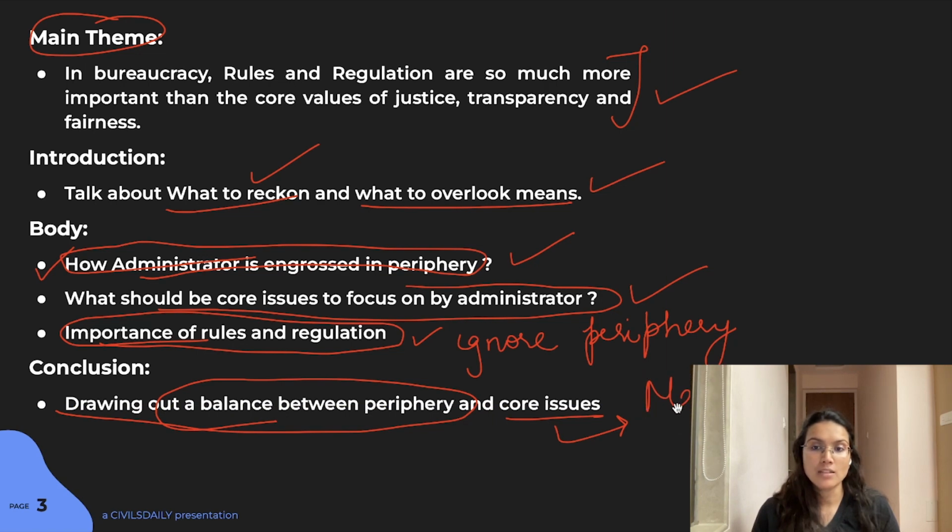They are not your means, but ultimately they are the end. They need to be the end, and your means needs to be your periphery issues, right? Periphery issues will be your way through which we are going to reach the core issue, right? So this can be a major outline or major direction in which you can write this particular answer.